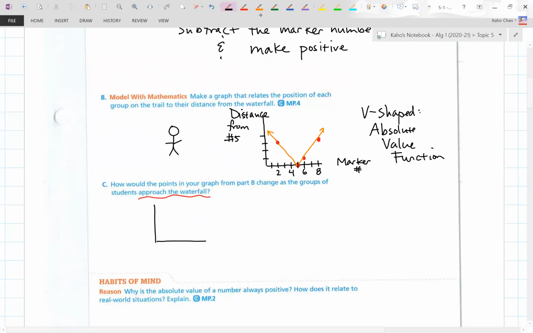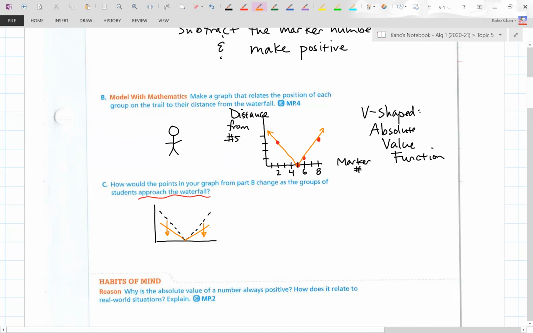So quickly, our previous graph looked like this. When the mile markers indicate that they're closer to there, they're approaching different mile markers, the graph itself would start shrinking like this. Does that make sense?